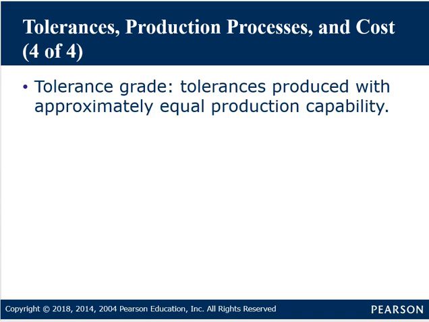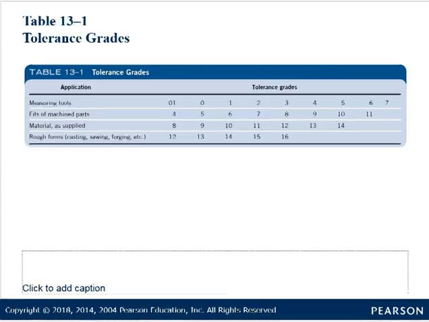Now let's talk about the tolerance grades. These are tolerances produced with approximately equal production capacities. The tolerance grades in Table 13.1 are numbered from 00 to 7. Rough sawed parts and cast material as supplied fall within these tolerance zones.